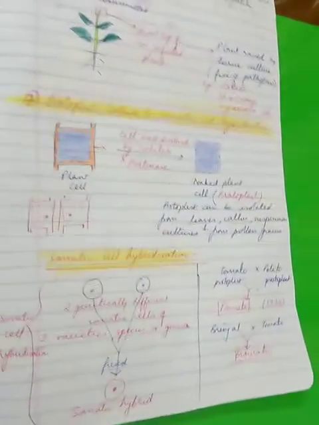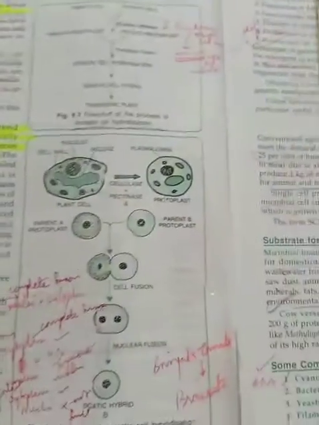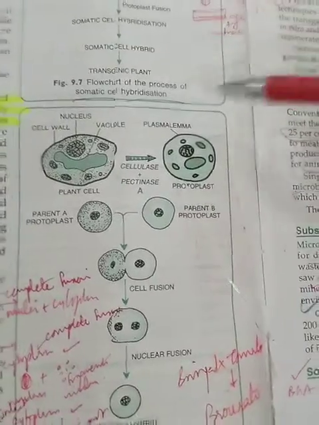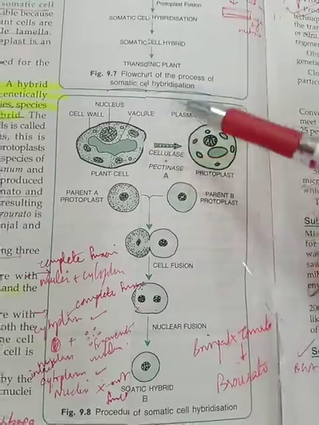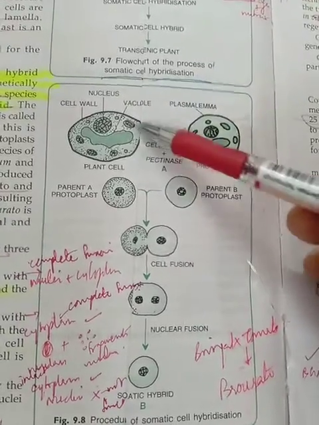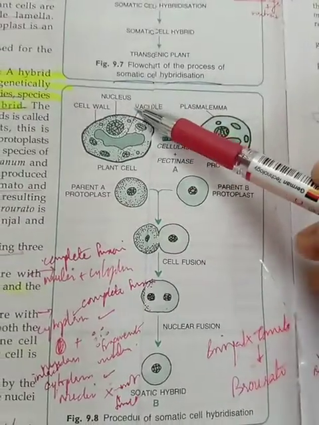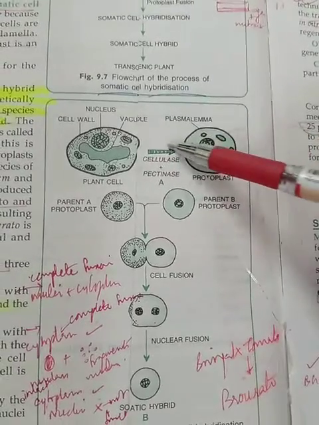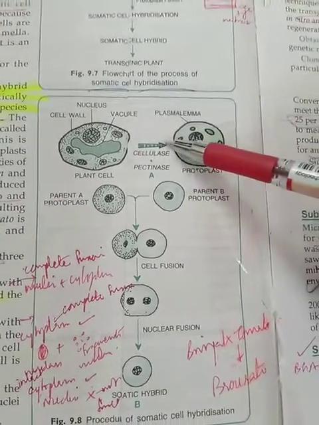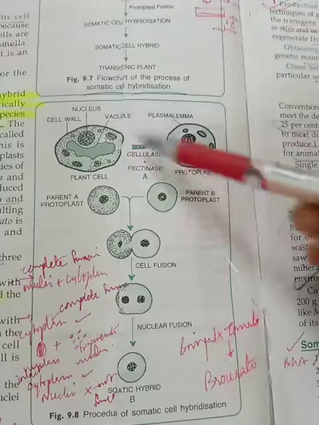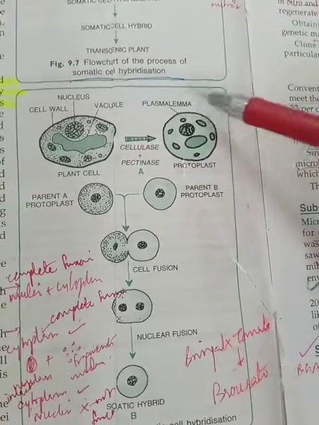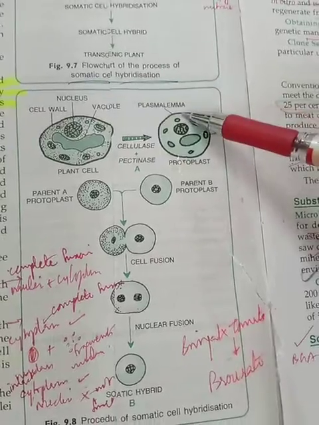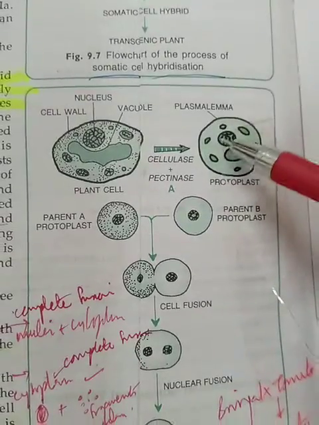If I show you in your textbook diagram, this is page number 524. Look at this. This is the somatic cell hybridization. Step 1, what is done, children? This is a normal plant cell. The first thing is, by making it to be acted on by enzymes, cellulase and pectinase, the cell wall is removed. What you get in hand is only the plasma membrane, the outer limit. That means the cell wall has been removed.